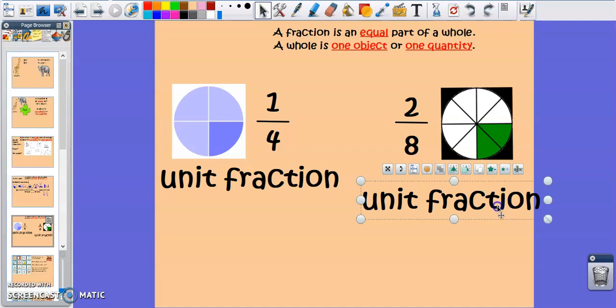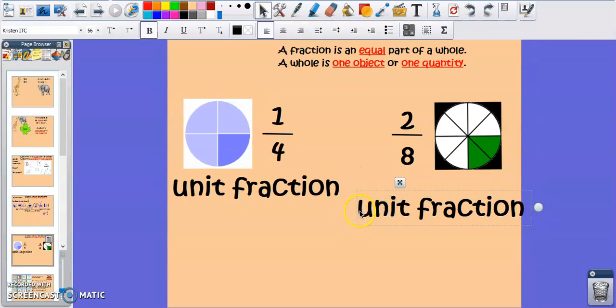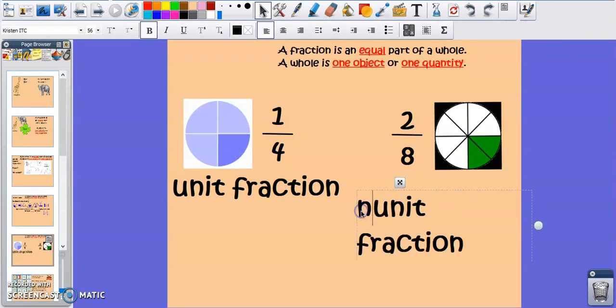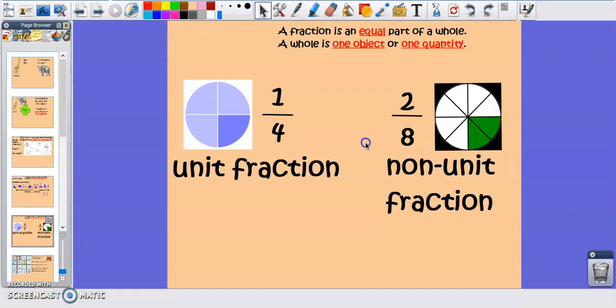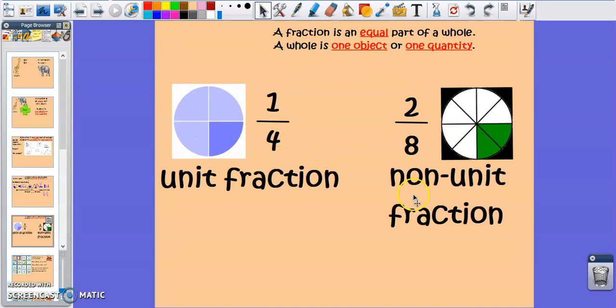This fraction is called, very similar, but not quite the same, a non-unit fraction. So pop that label just there as well. So we've got a unit fraction and a non-unit fraction. So 2/8, now the denominator is 8. The numerator is 2, and it's this 2 which makes it a non-unit fraction.